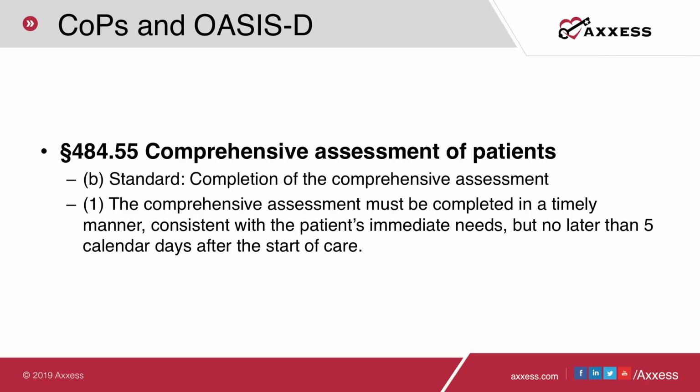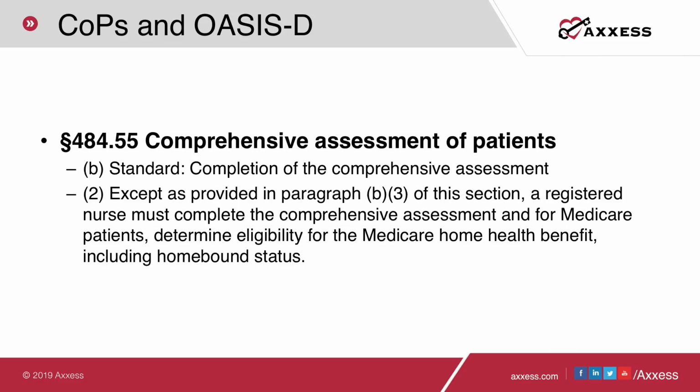Most of the time we complete both at the same time, but you can see from the regulations that's not always the case. It doesn't have to be the case, but it does have to be completed timely, this comprehensive assessment, okay? At 484.55B2, it tells us that except as provided in paragraph B3 of this section, an RN must complete the comprehensive assessment and for Medicare patients, determine eligibility for the Medicare home health benefit, including homebound status.